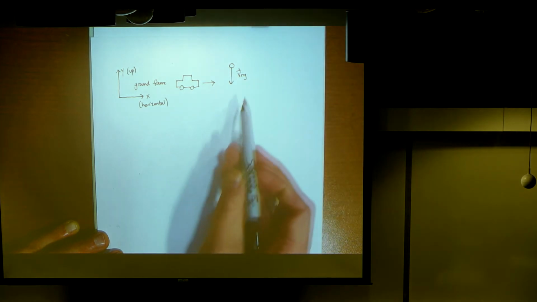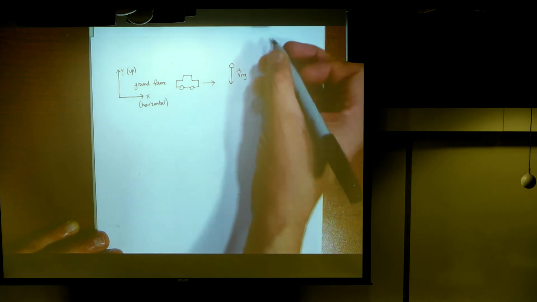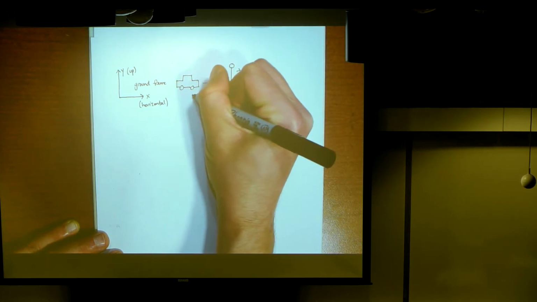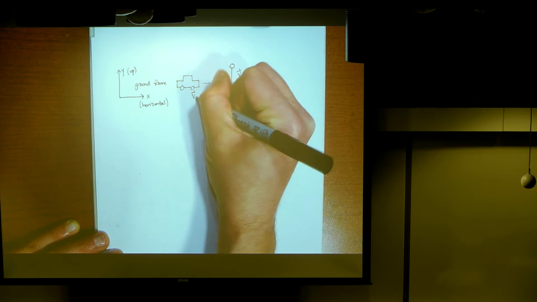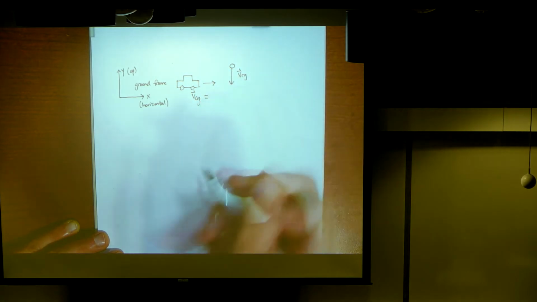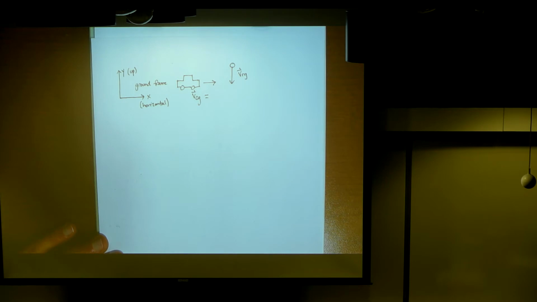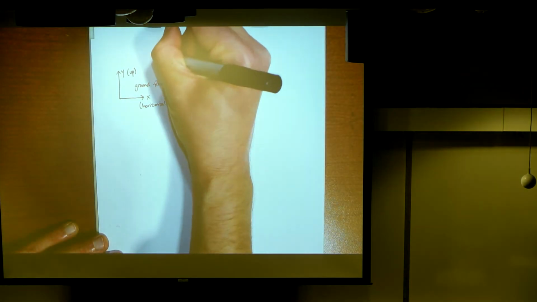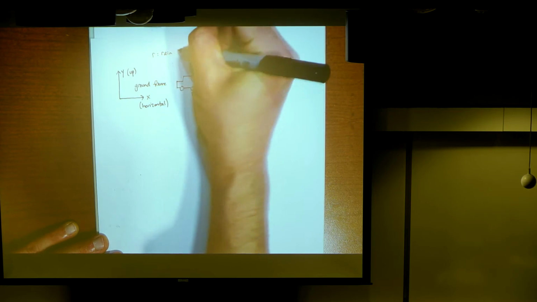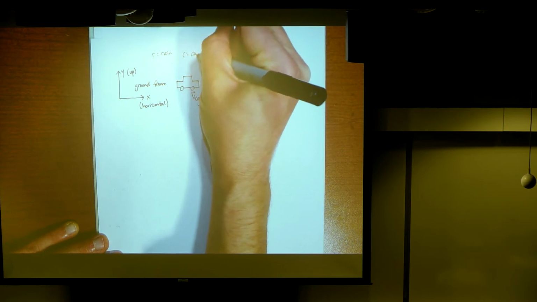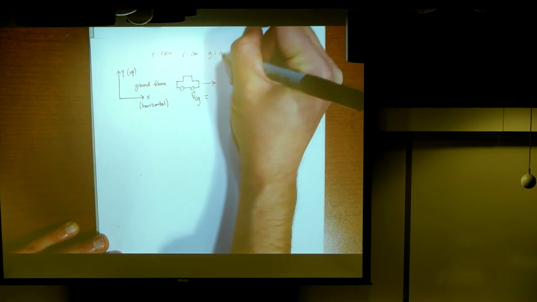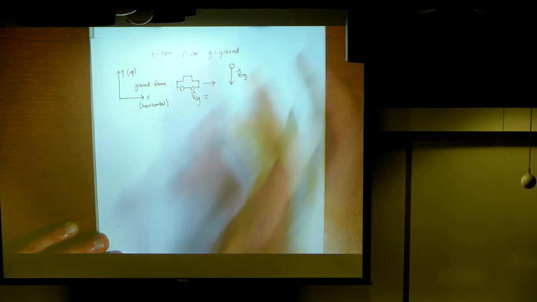It's the velocity of the raindrops relative to the ground. And then I could call this one VCG. It's the velocity of the car relative to the ground. Okay? And just to be clear, R is the rain, C is the car, of course, and then G is the ground. So that's the key to this notation.